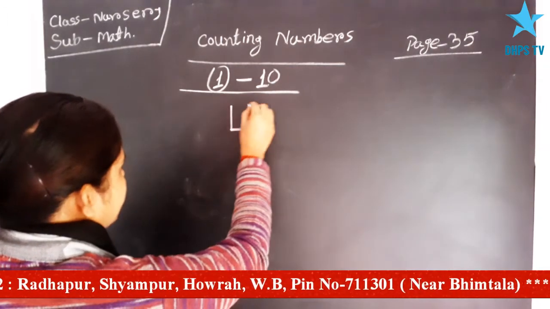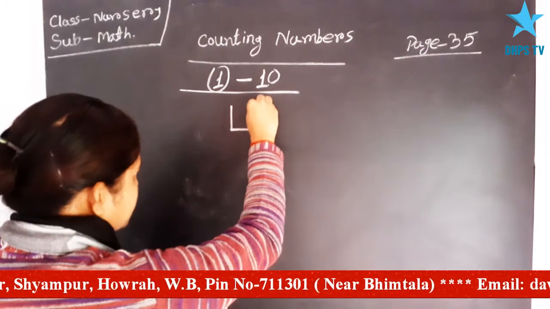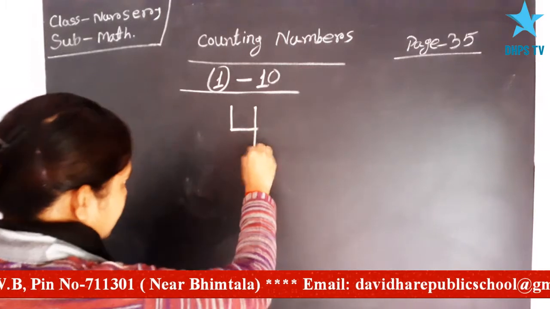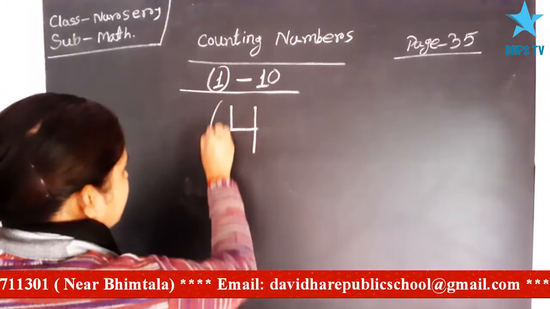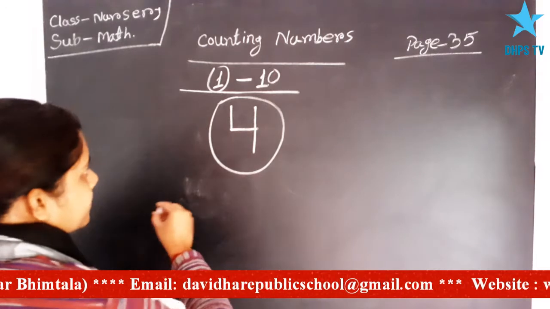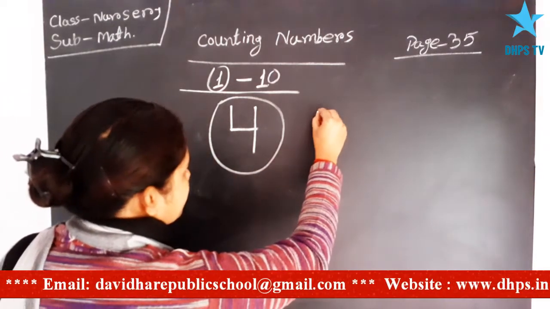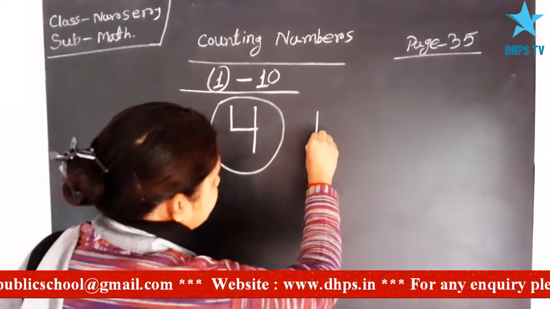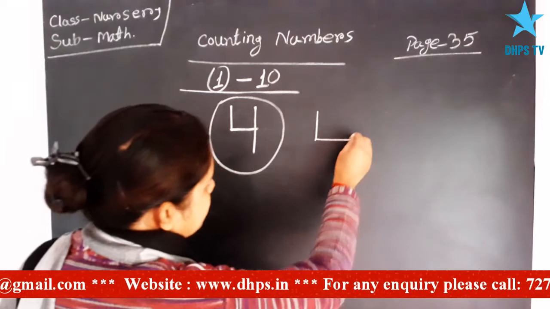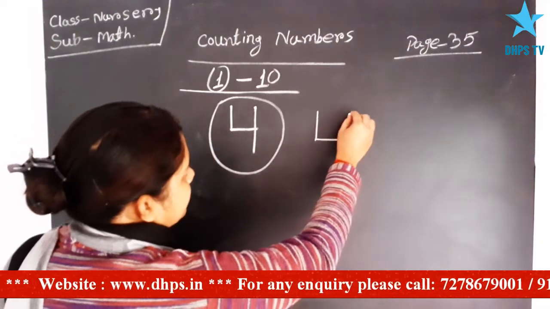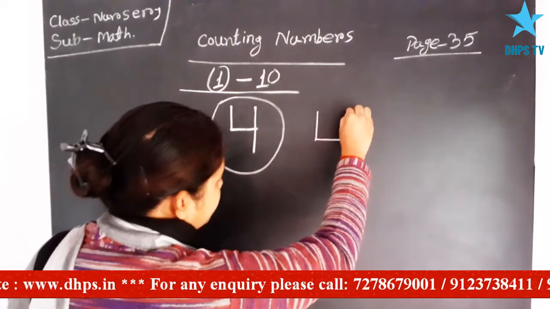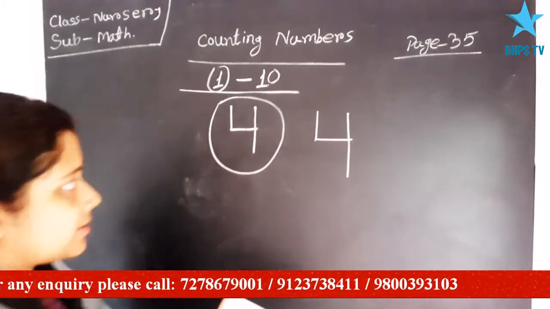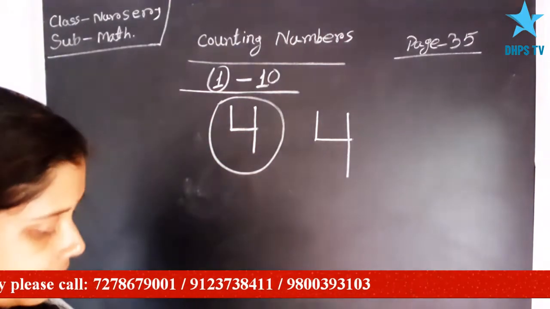Then again from upper portion start a straight line like that. So the number is 4. Now I am repeating. At first make a small straight line, then from the end point again make a straight line horizontally, and then from upper portion again make a long straight line like that. So the number is 4.